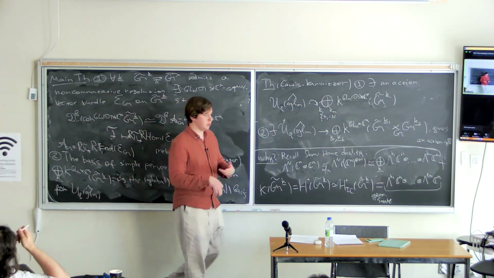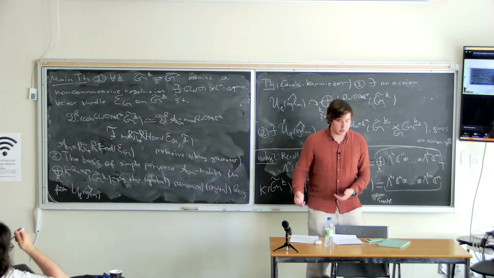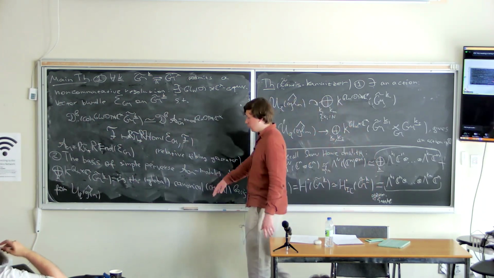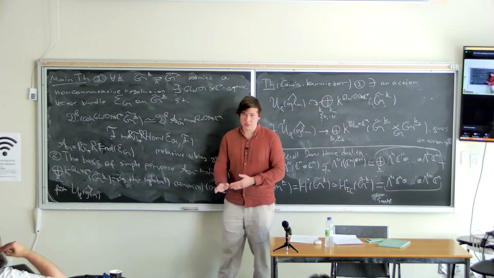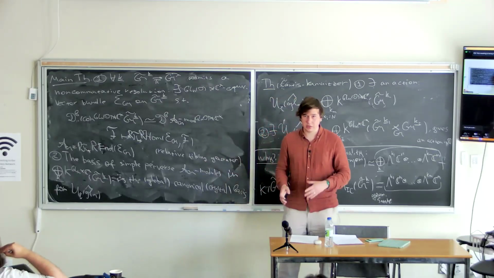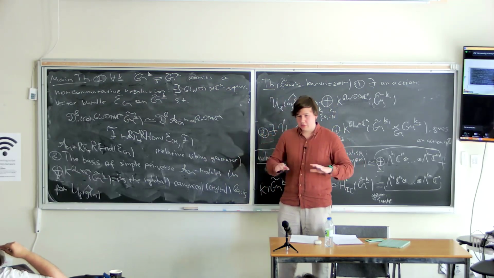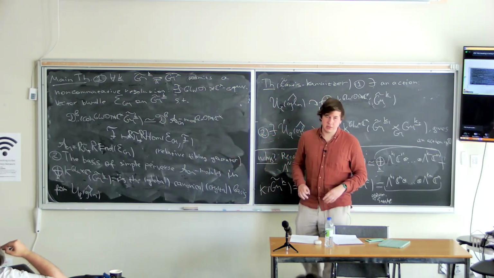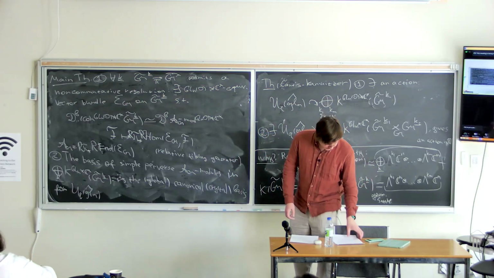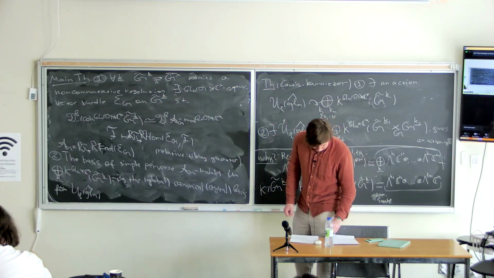These are not Nakajima quiver varieties, but other varieties constructed from quivers. And then Kashiwara gave a construction, this crystal which you mentioned, and there is a theorem that, up to some details, essentially they're the same.